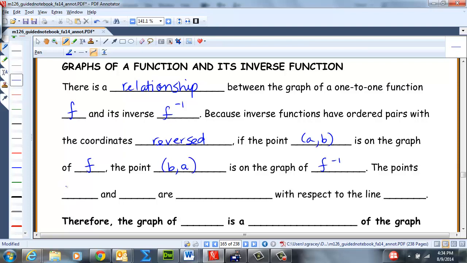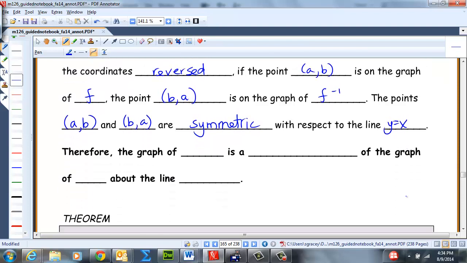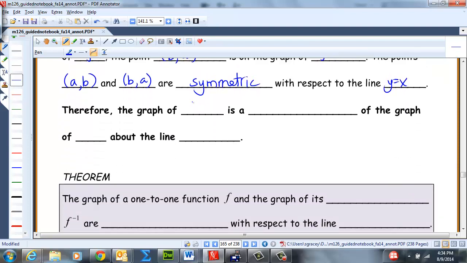The points (a, b) and (b, a) are symmetric with respect to the line y equals x. Therefore, the graph of f inverse is a reflection of the graph of f about the line y equals x.